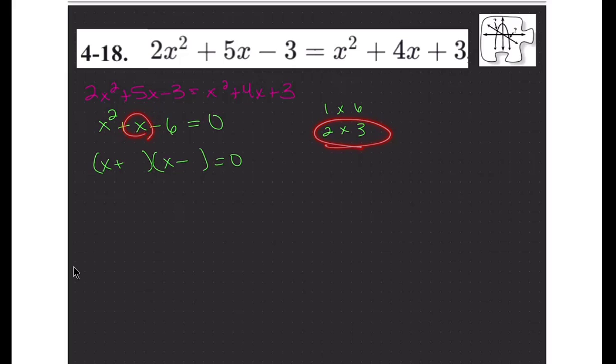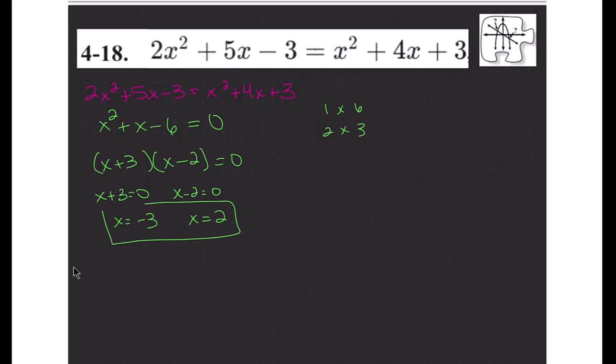And it's positive. So I know I have a positive 3 and a negative 2. Right? Set these guys equal to 0. X equals negative 3. X equals 2. We got two solutions. Right.